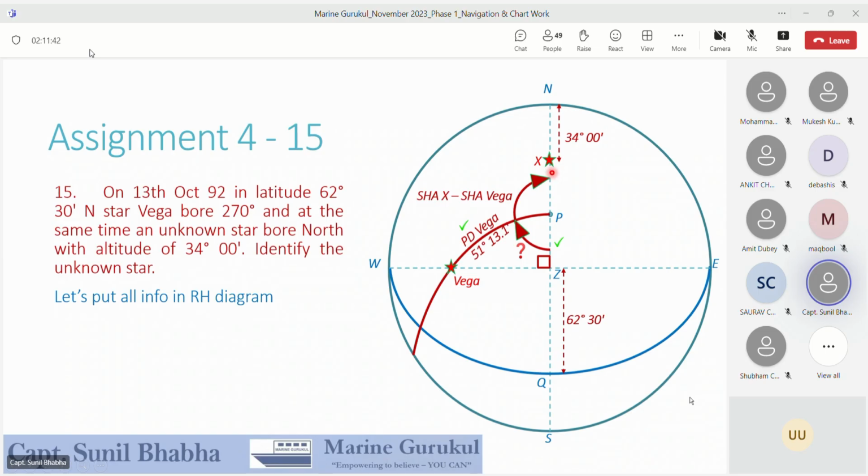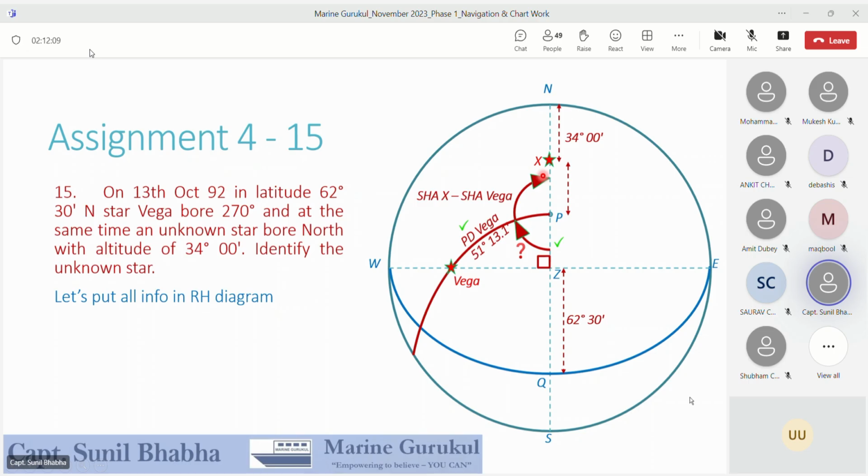So what I am going to do now is check the SHA of Vega on 13th October 1992 from the almanac. To the SHA of Vega, I will add this particular angle and I am going to get the SHA of the unknown star.